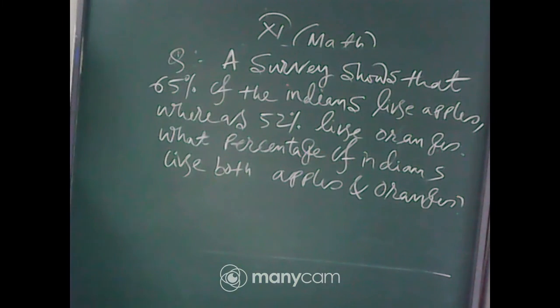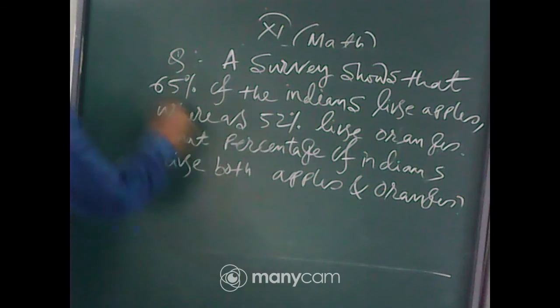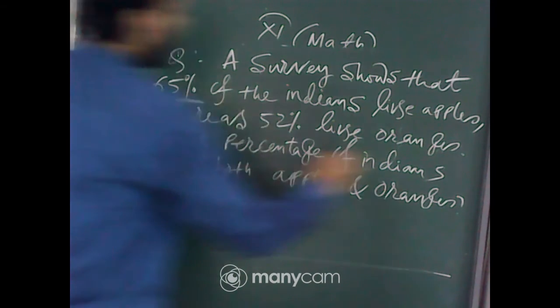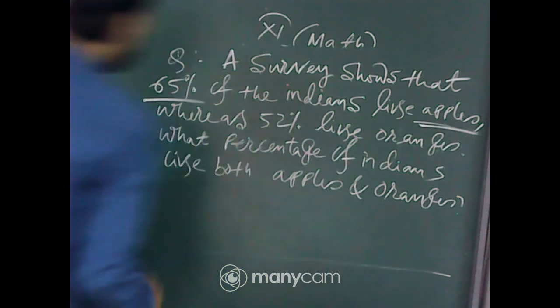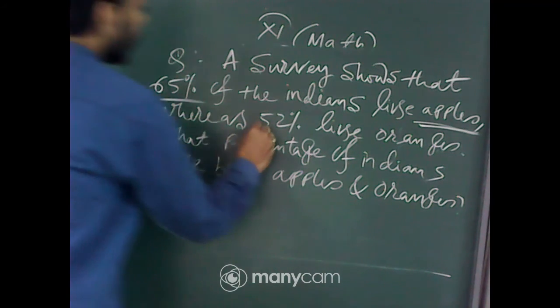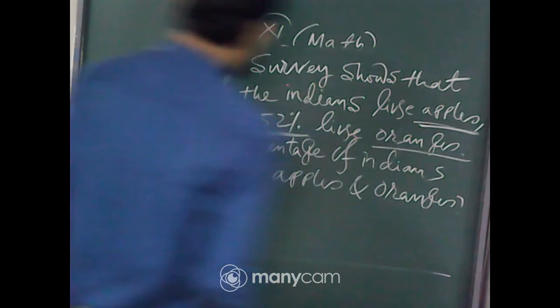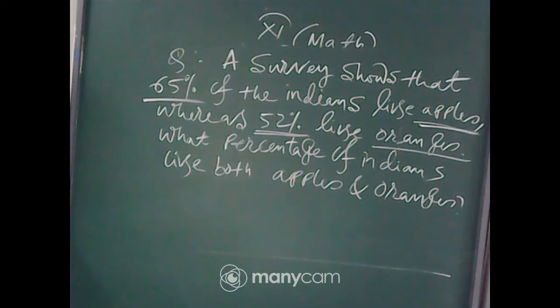Find it. A survey shows that 65% of the Indians like apples, whereas 52% like oranges. What percentage of Indians like both apples and oranges?